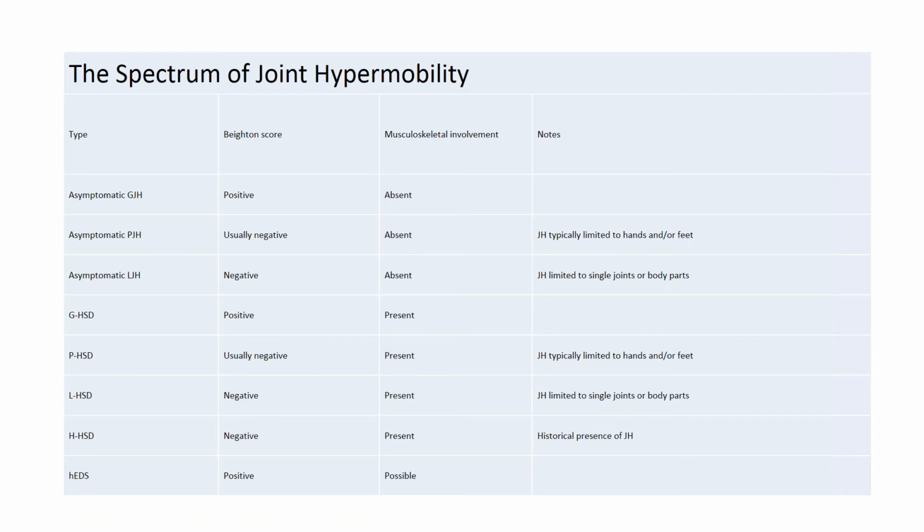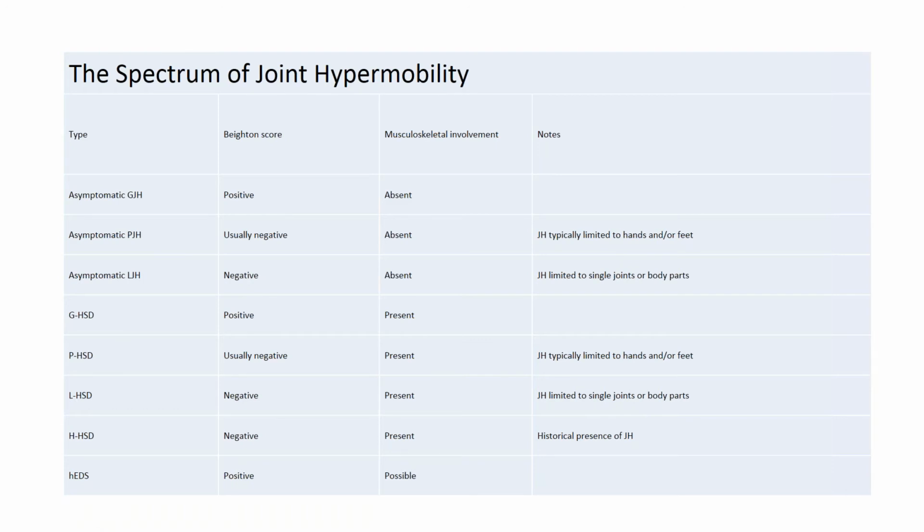Now, you may have a hypermobility spectrum disorder in which people are symptomatic. So these next 3 items are the hypermobility spectrum disorder: symptomatic people with either generalized, peripheral, or limited joint hypermobility.